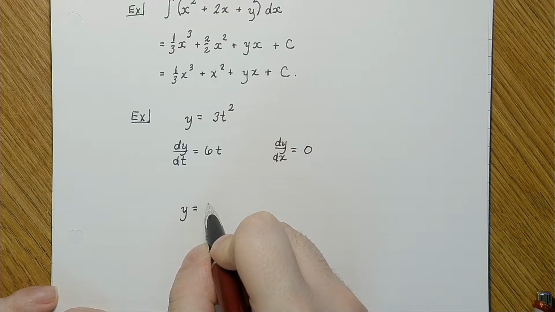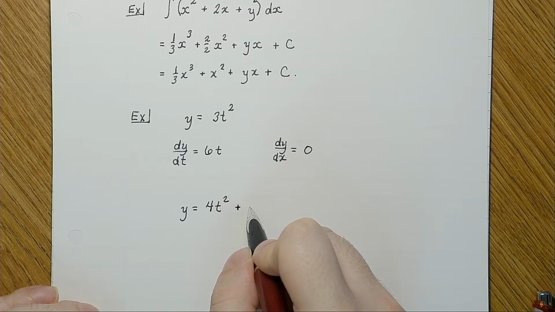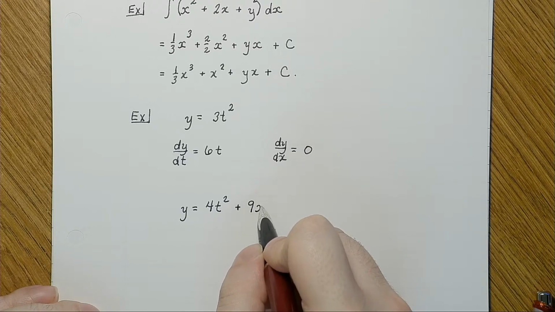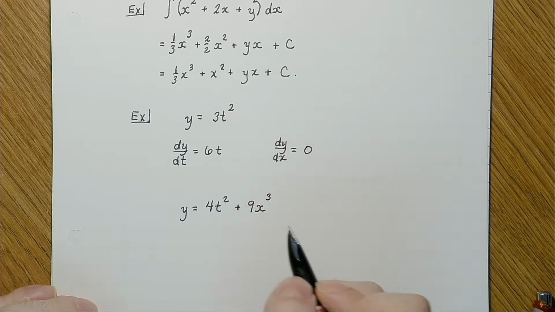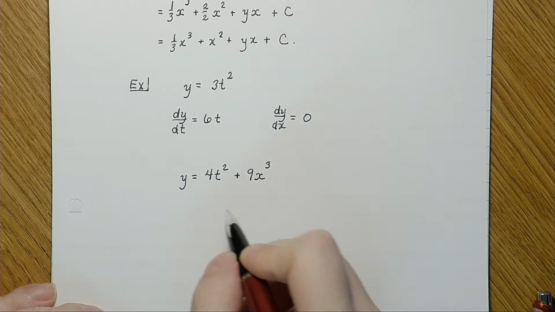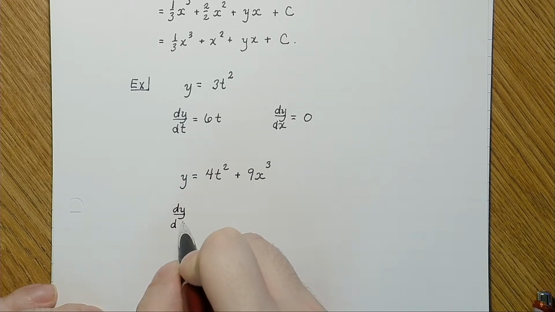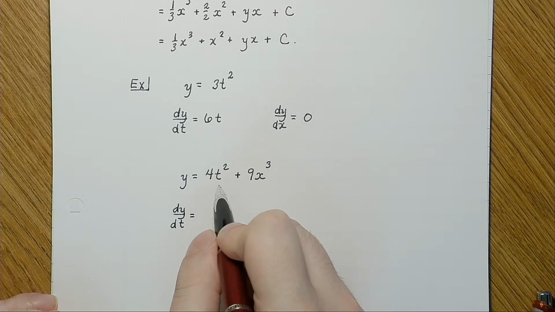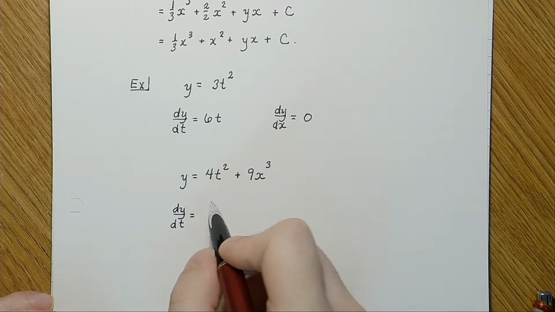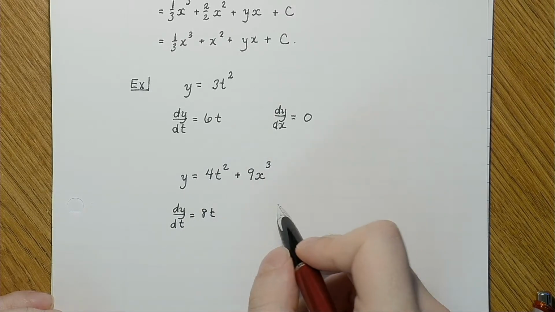So, you can have 4t squared plus, let's say something else like 9x, and we'll just make this to the 3. If you want, we can do the derivative with respect to t. The only term in here that is of interest is this t squared right here. So 4 times 2 is 8t, and that's it.